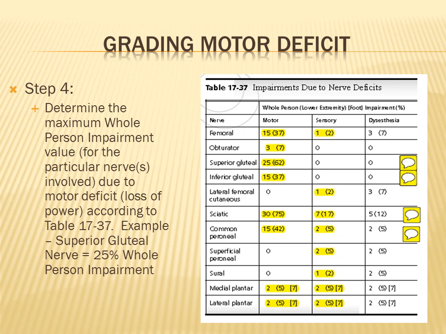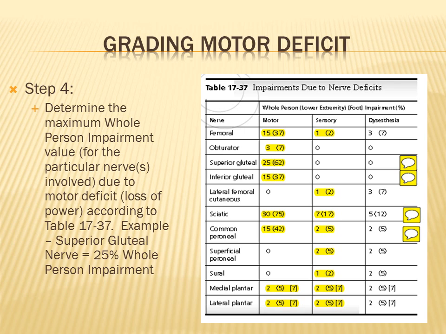Okay, so then we go on to step 4. We then determine the maximum whole person value for the particular nerves involved due to motor deficit, and we go back to table 1737 for this.